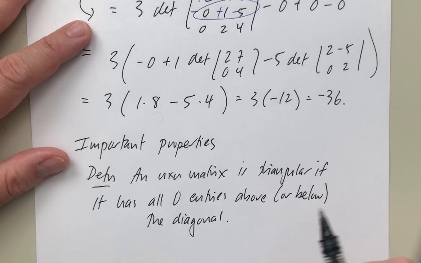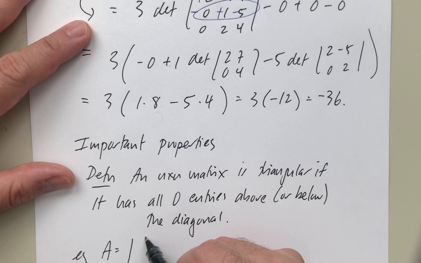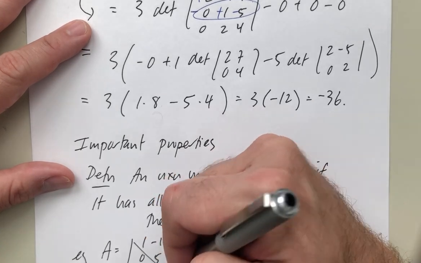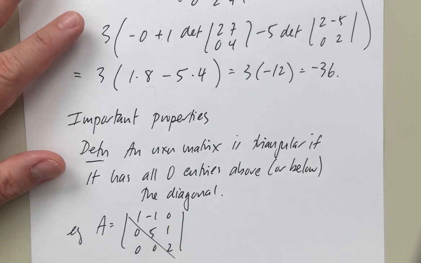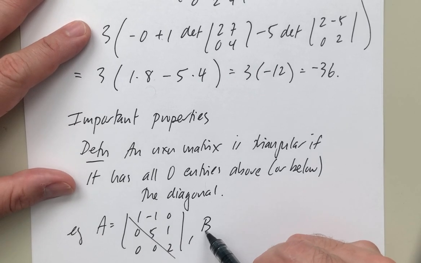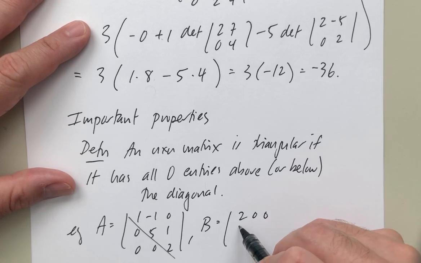Okay, so maybe some examples here. If A is 3 by 3, let's say something like this. Now this is triangular because below that diagonal you have zeros. Of course, you can have zeros above the diagonal. B, something like this, you can also have zeros on the diagonal.